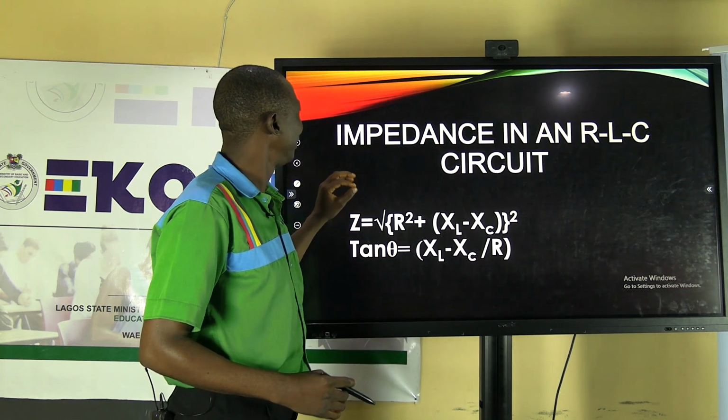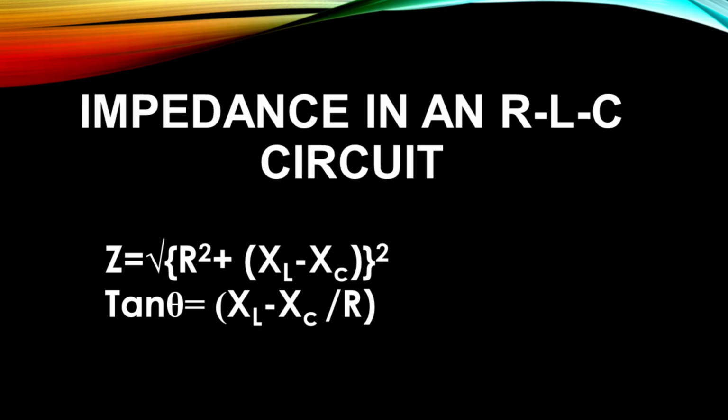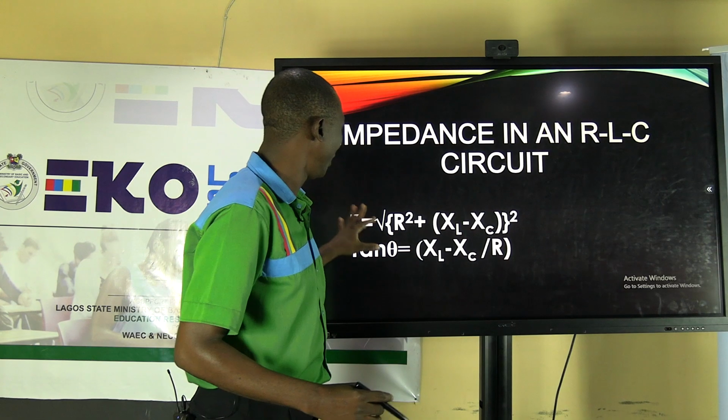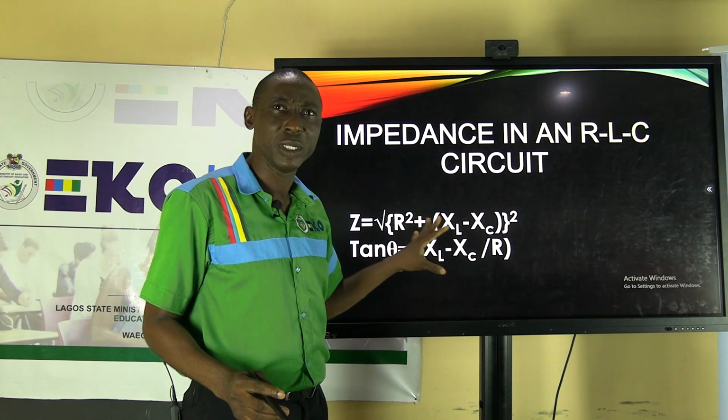Look at this: impedance in RLC. It's called either RLC or RCL, depending on which way the question wants it, because he who pays the piper calls the tune. Now look at it.